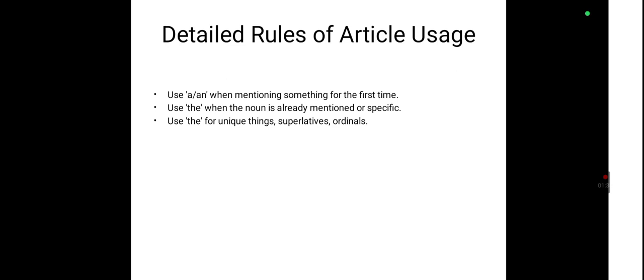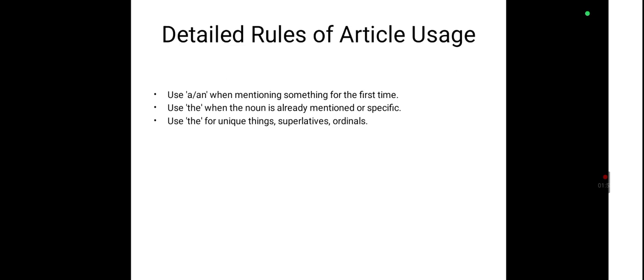The second one is, use the when the noun is already mentioned or specific. For example, I saw a snake.